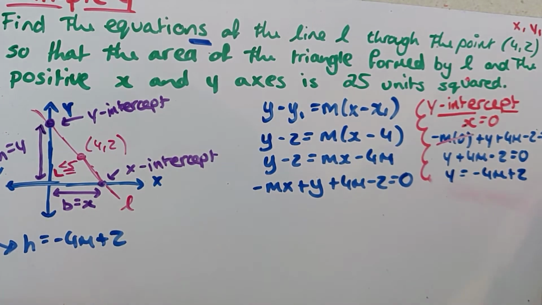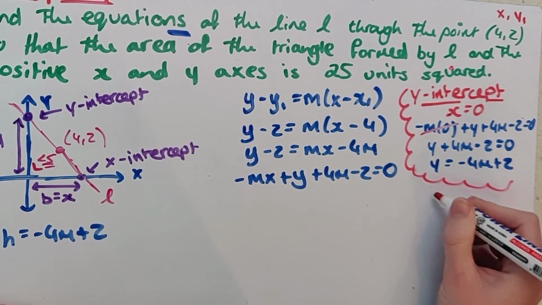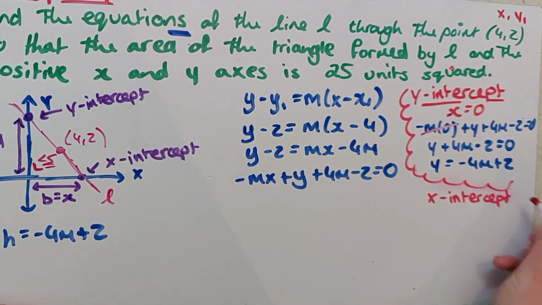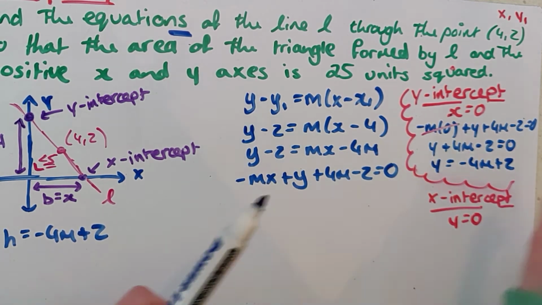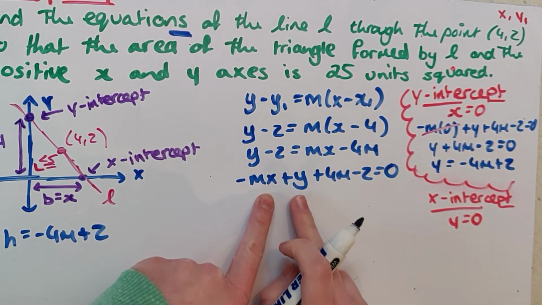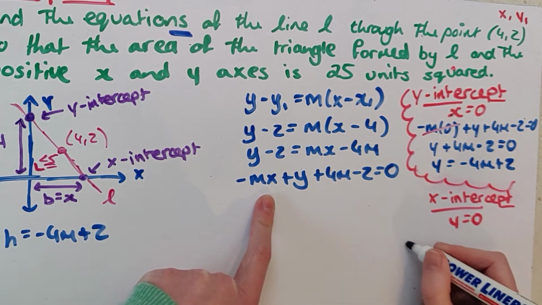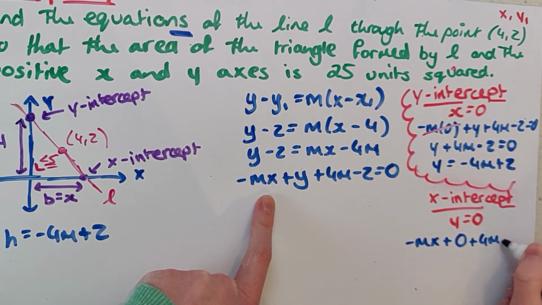Now I'm going to do the same thing back over here again to find my x-intercept. To find my x-intercept, we're going to make sure that we have y is equal to 0. So again, I'm going to take my equation here, but instead of y, I'm going to sub in 0. So I have minus mx plus 0 plus 4m minus 2 is equal to 0.